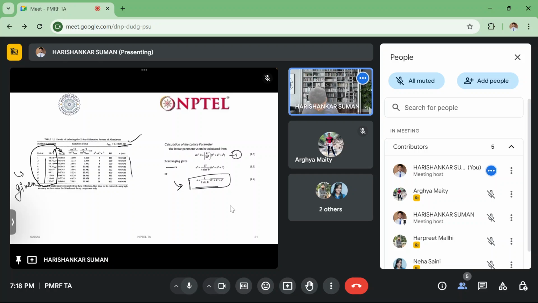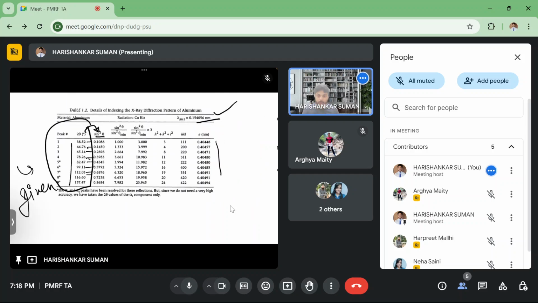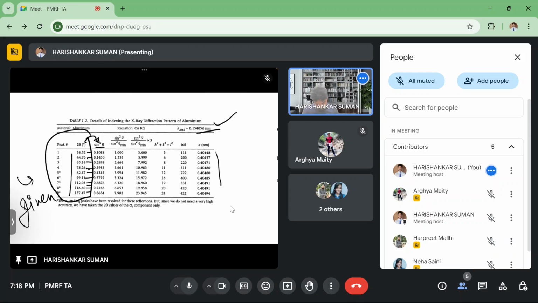These are the sin square theta values. This is the first step: calculate sin square theta. Then second, divide each sin square theta value by the minimum sin square theta in this row.